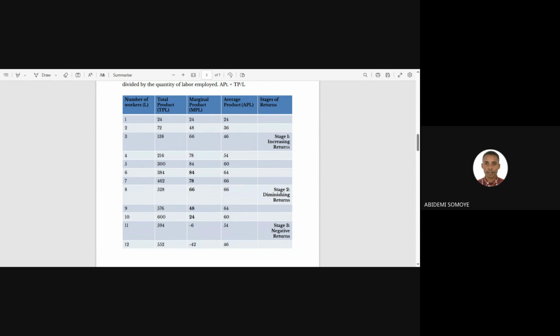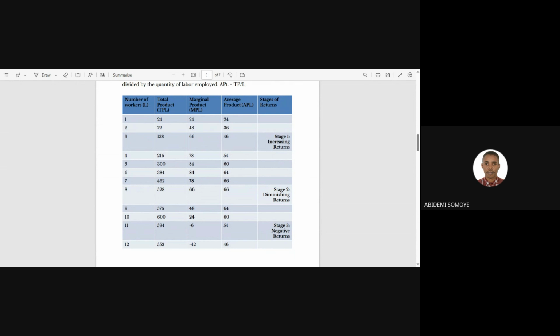You get 48. When the number of workers is 3, remember the formula is changes in total product: 138 minus 72 divided by 3 minus 2. You are going to get 66.